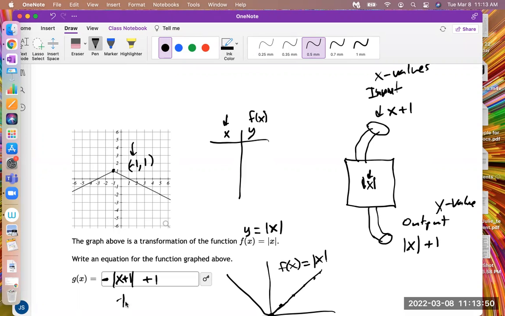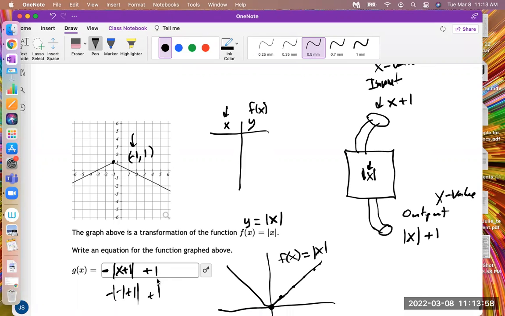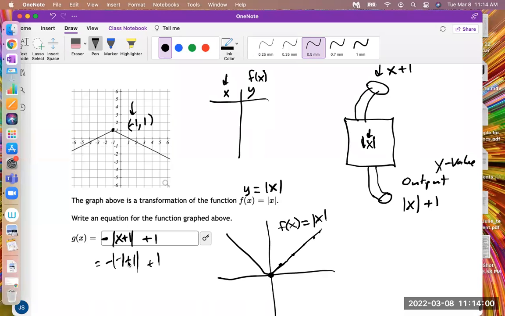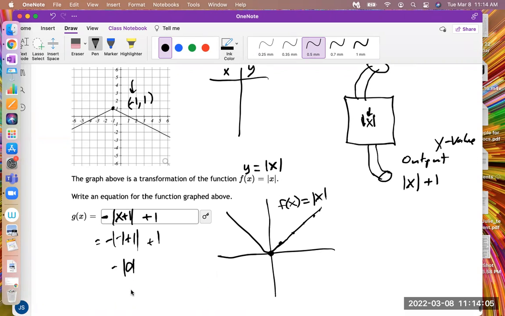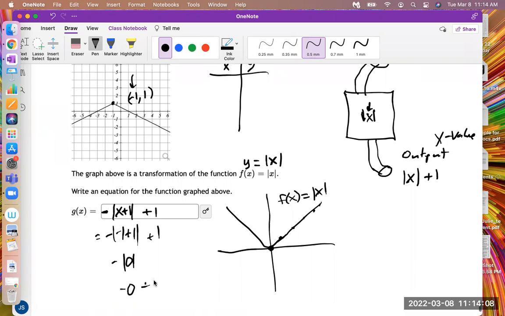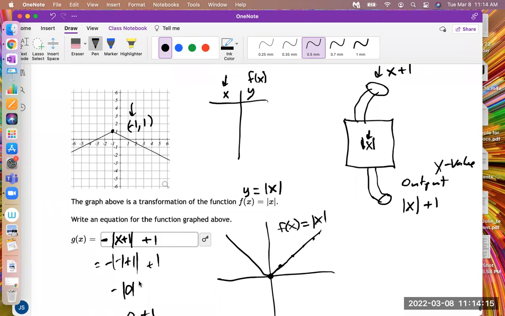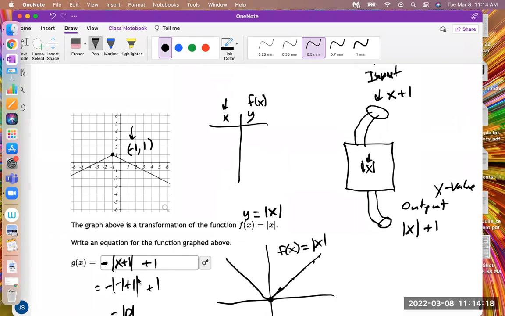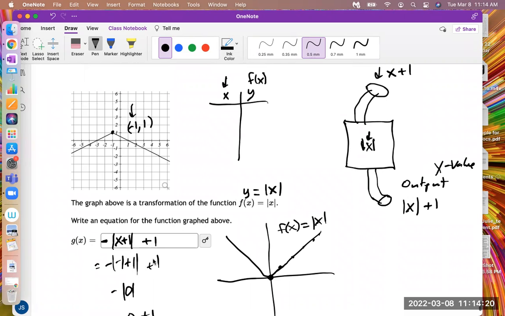So I plug in -1. -1 plus 1 is going to be 0, and the absolute value of 0 is just 0, and then we made it negative, which doesn't make any difference, but then we add 1, so we do get +1. When I plug in -1 into this function, I do get +1 back. So that is a good indicator that this might be the right equation. It's good to double check yourself.